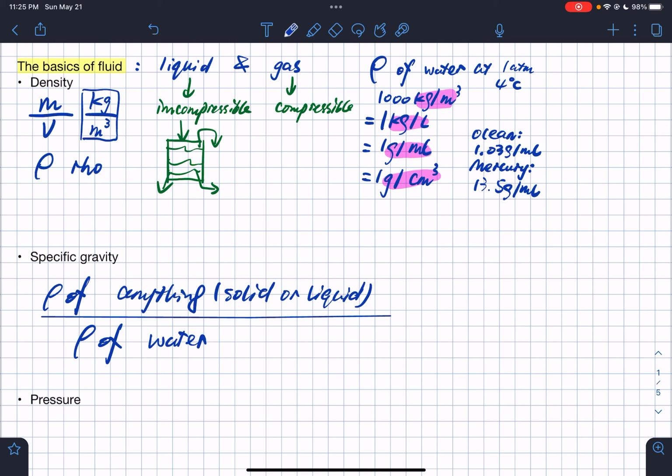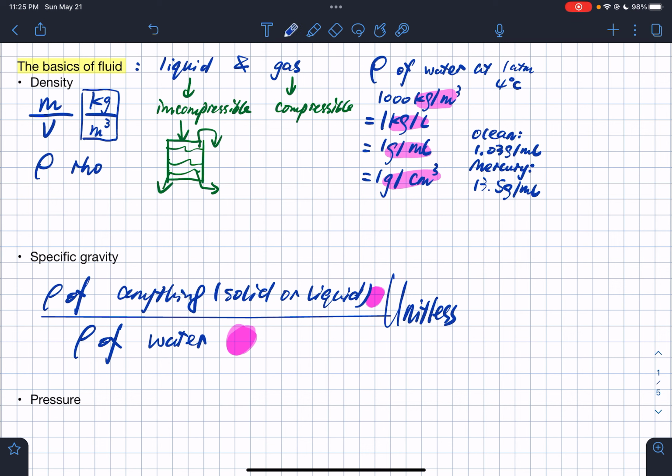Since it's a ratio, it is really unitless. But what you want to pay attention to is that the unit you use for the density of water should align with the unit you use for the density of the substance. You don't want to use the SI unit here and gram per milliliter there. You don't want to use different units, right?